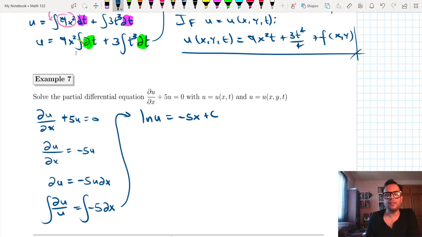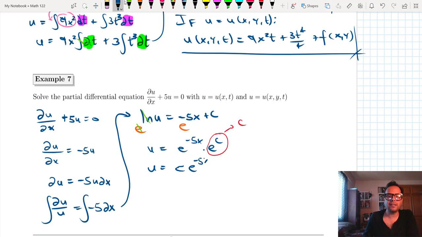So to get the u by itself, we need to get rid of the logarithm by exponentiating both sides, base e. So we are going to have u equals e to the negative 5x, and using laws of exponents, this is e to the c. But again, as we did on the previous section, e to the c is just some constant c. So let's call it u equals c e to the negative 5x.